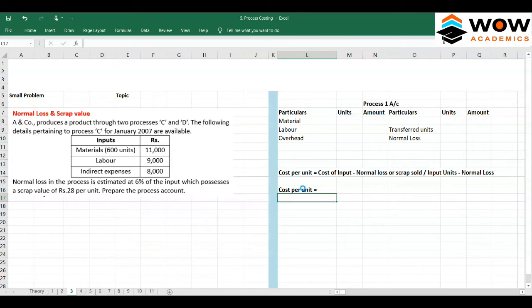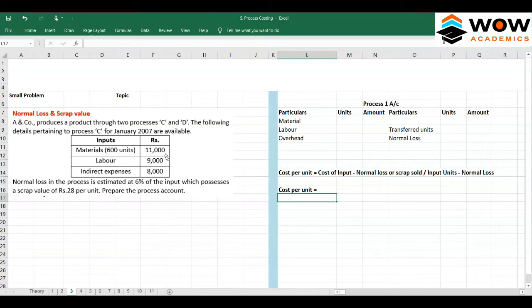So we'll start from this sum. This sum has a normal loss, and the normal loss has a scrap value. So A and Co produces a product through two processes. So the product has to move through C and D. The following details pertaining to process C for January 2007 are available. So they say that material is 600 units of 11,000.